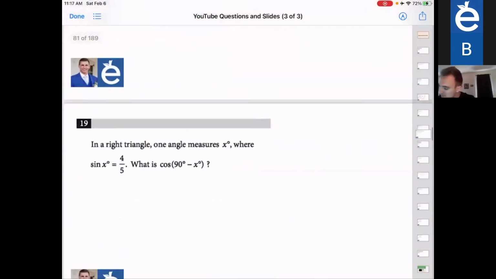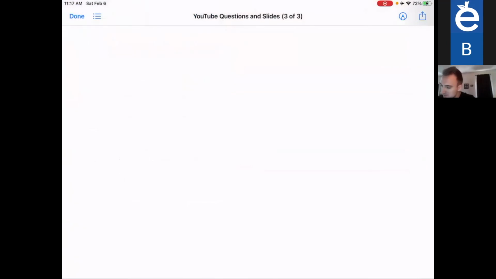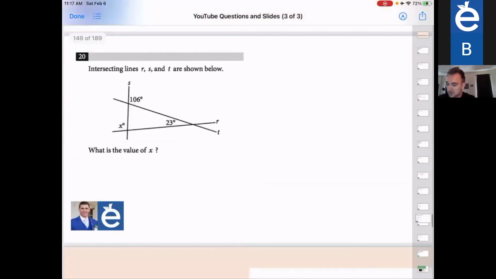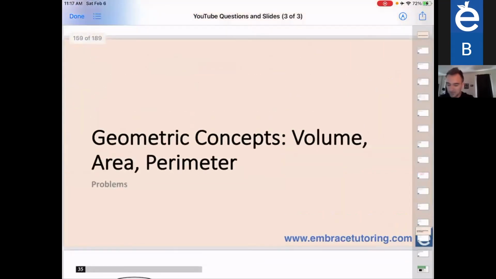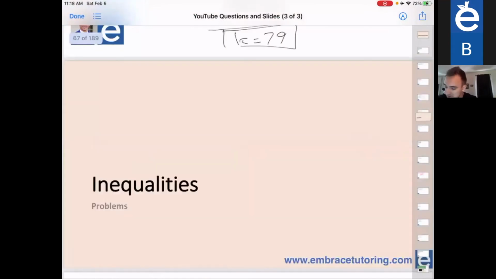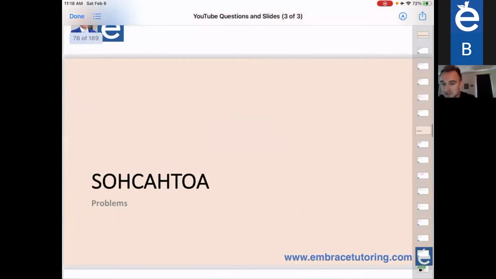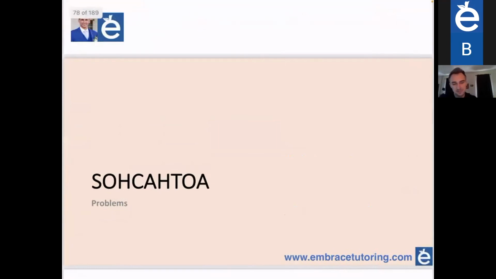And then there's also some volume related problems here at the bottom that I think we'll also take care of before we jump back to section 4 of practice test 7. So let's go back to SOHCAHTOA. This is page 78 of the PDF.